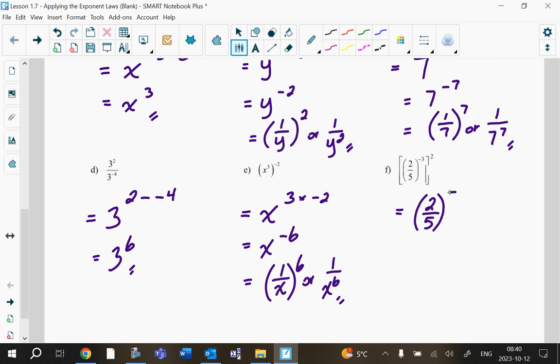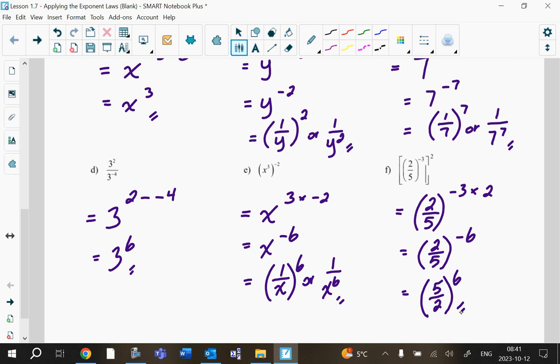So negative 3 times 2 gives us 2/5 to the negative 6. I can't leave it like that. 5 over 2, keep those parentheses, to the positive 6. Okay.